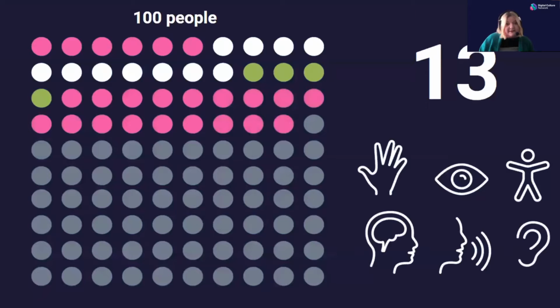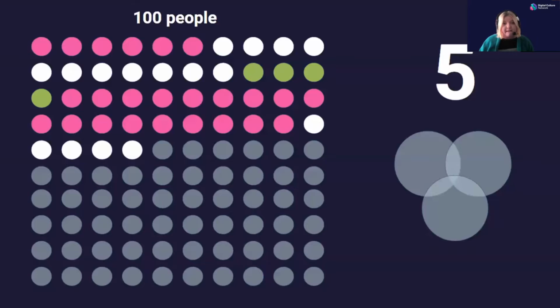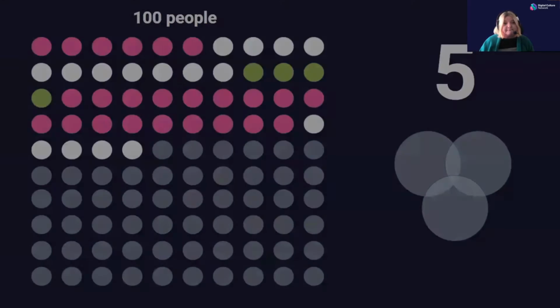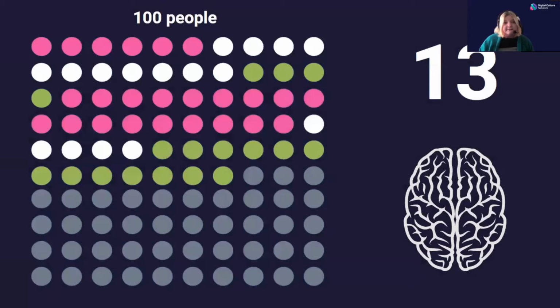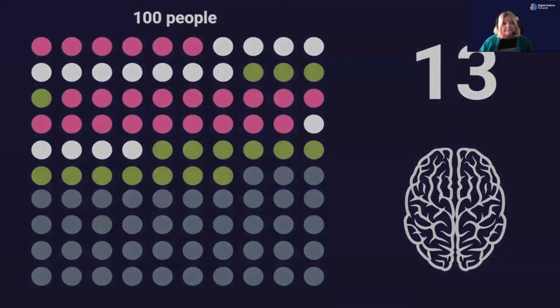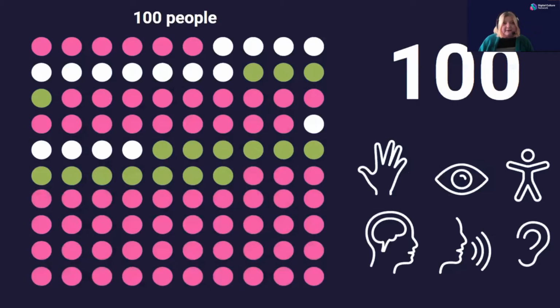And 13 of them are likely to be older, and they could potentially be experiencing a mixture of accessibility barriers. 5 of them might be colorblind, and 13 of them might be neurodivergent. And essentially, everyone at one time or another in their lifetime is going to experience accessibility barriers, whether they are permanent or temporary.